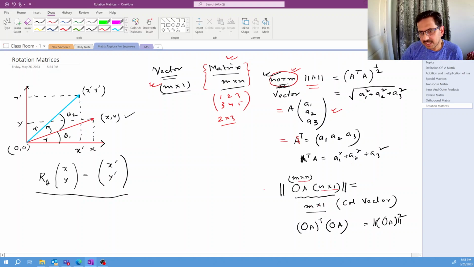It will create another column vector, and you want to measure the length of that by the norm. So you want to find the norm of this one. The simple norm formula, if you put it, it will be like this, because this is also a vector. And on the other side, if this is like this, then the norm is this one, right?